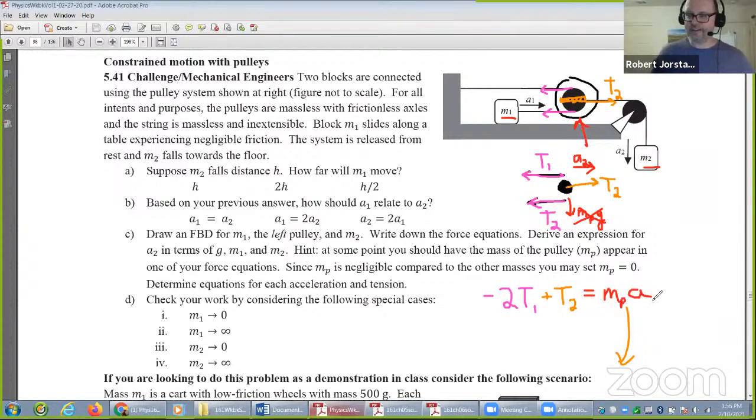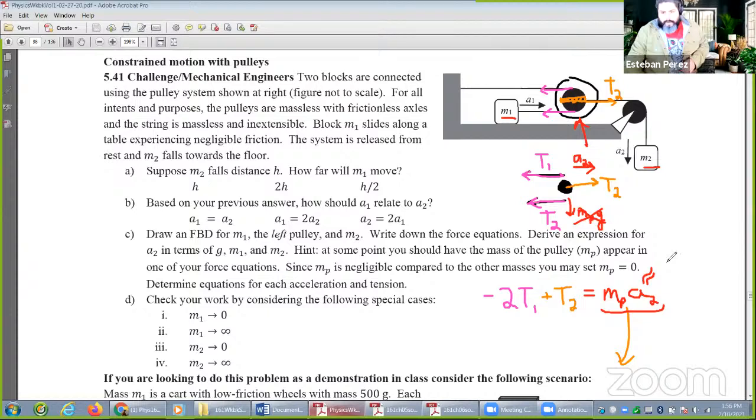But what did we just say about the mass of the pulley compared to these other things? What do you think will be true about this term right there? Not A2, this entire term.